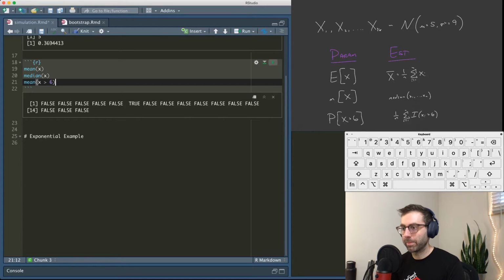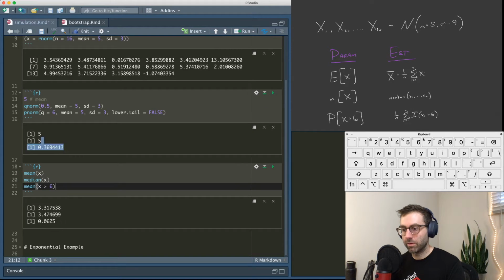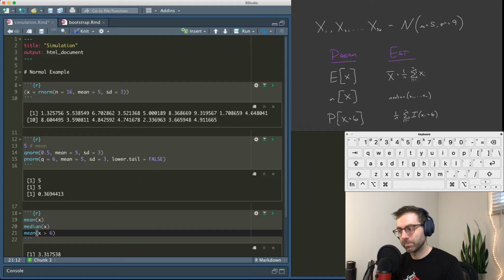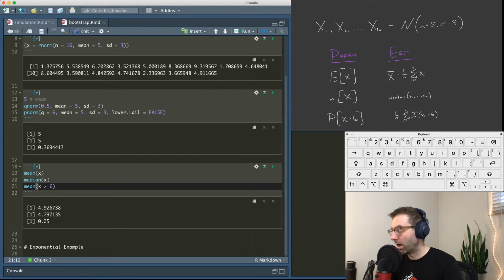Okay. So these are the true values. These are the estimated values. This one seems a little off, but that's totally possible because of the variability in randomly generating a sample.